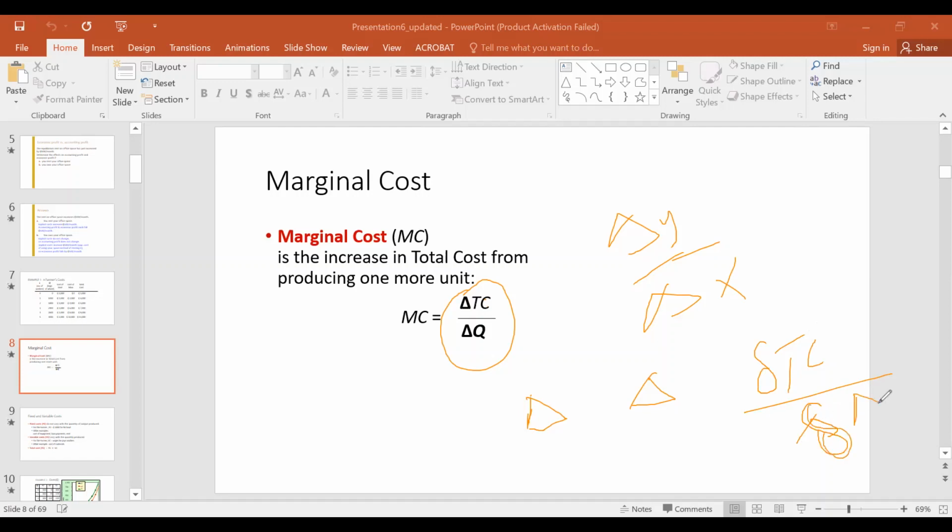The derivative of total cost with respect to the derivative of quantity is the same as change in TC over change in Q, and it's called the marginal cost, MC. How much does your total cost change if you are to produce one more unit? The additional cost incurred as a result of producing one more unit is the marginal cost. All the marginals are additional. Okay, sounds good. Let's keep going.